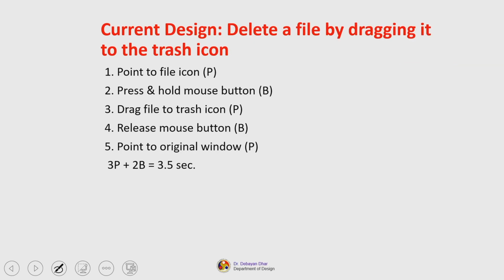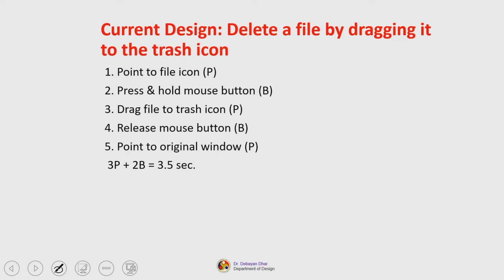Consider this current task: delete a file by dragging it to the trash icon. You have this desktop, probably you are watching my video on your desktop, and you have so many files on it. Now, you want to delete a file by dragging it to the trash icon. This is just an example, there might be faults here, but I am trying to explain how you can calculate this.